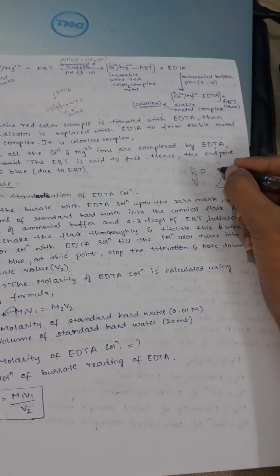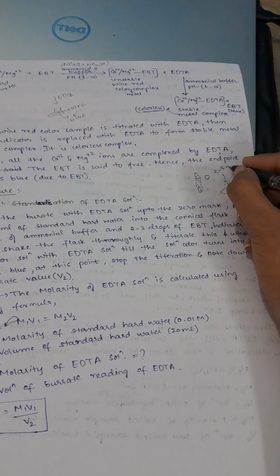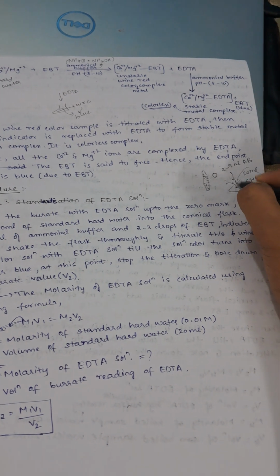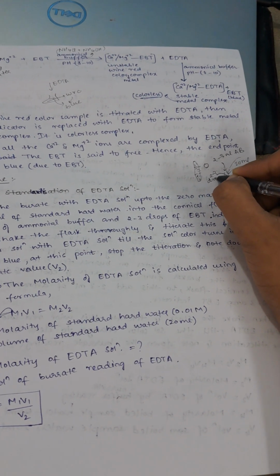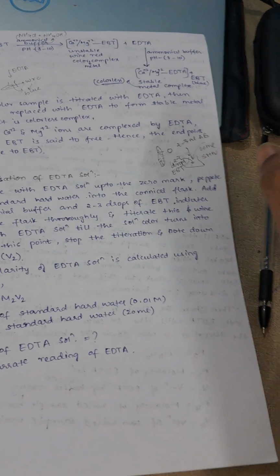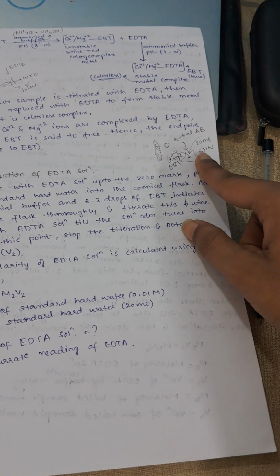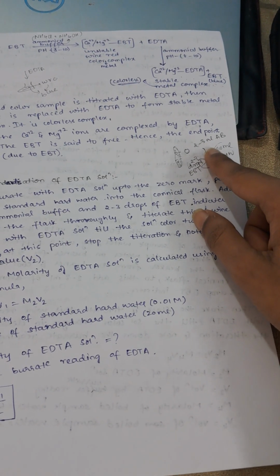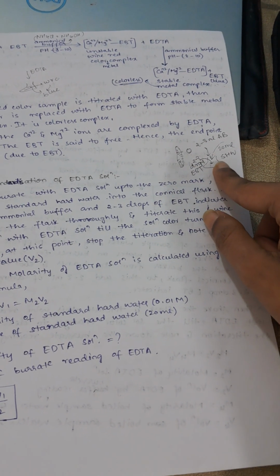Then add 2 to 3 ml of ammonical buffer solution and 2 to 3 drops of EBT.